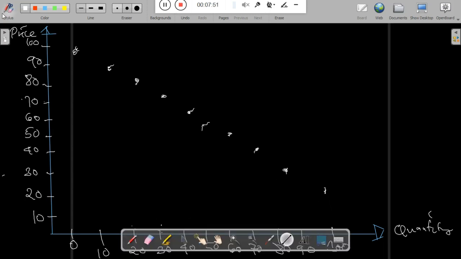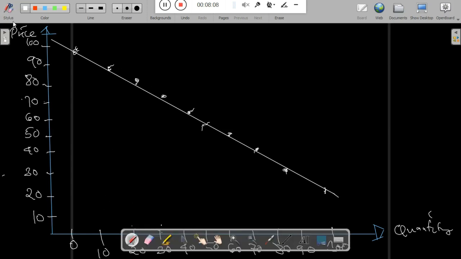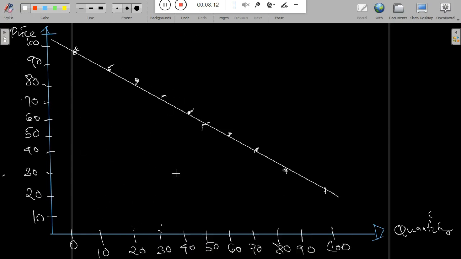When you sketch the graph, it slopes downward from left to right, showing the inverse relationship between the price and quantity demanded. That is the principle of demand: when the price increases, the quantity demanded falls, and when the price decreases, the quantity demanded increases.